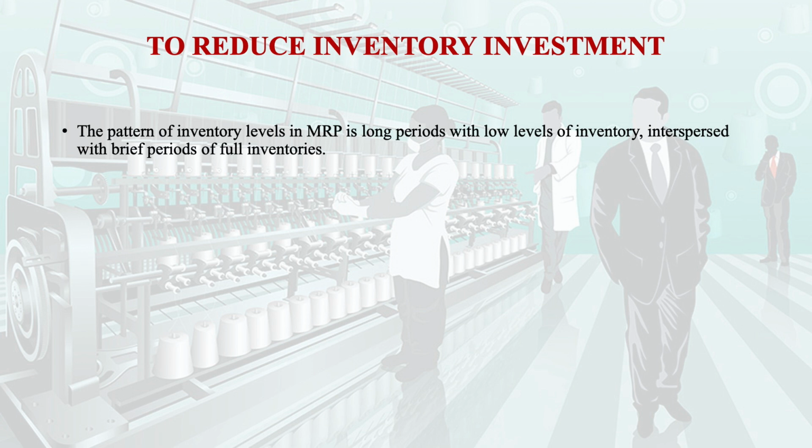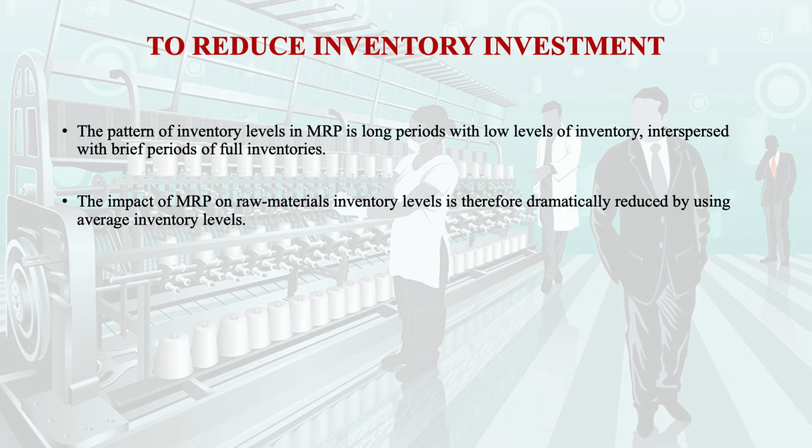Another important point about this objective is that the pattern of inventory level in MRP is long periods with low level of inventory interspersed with brief periods with full inventory. So what we want is that there should not be any condition when there is no inventory at our stocks.